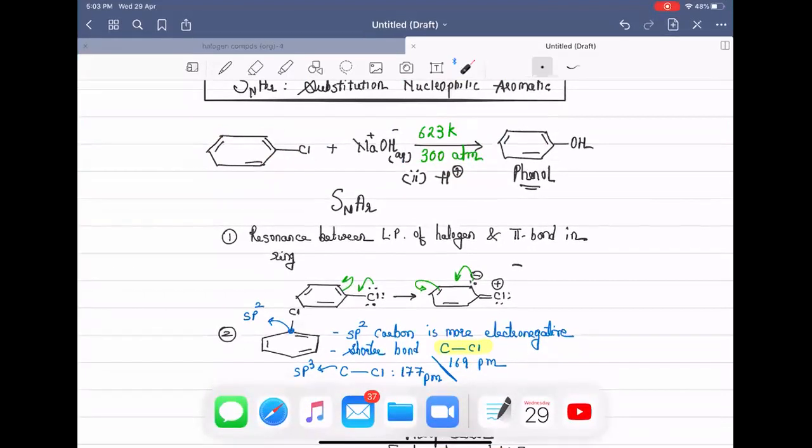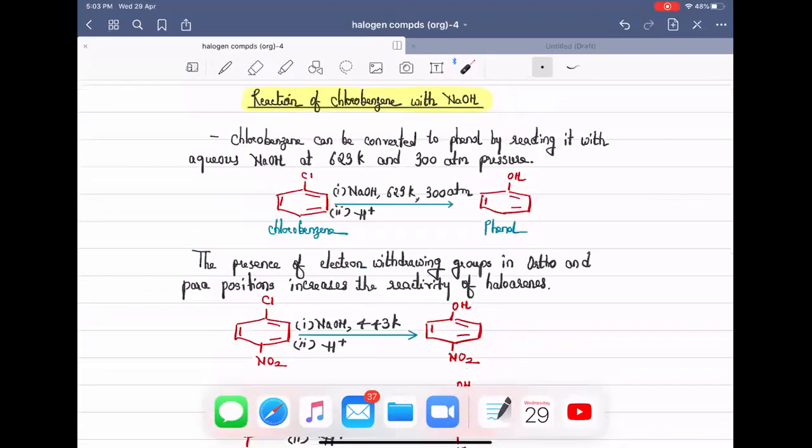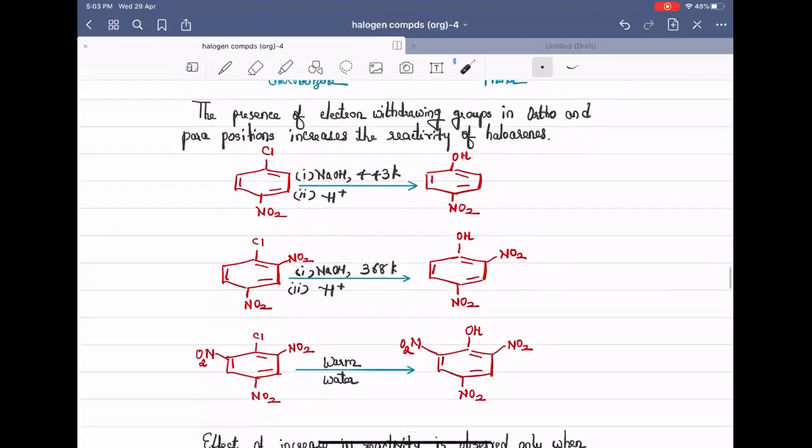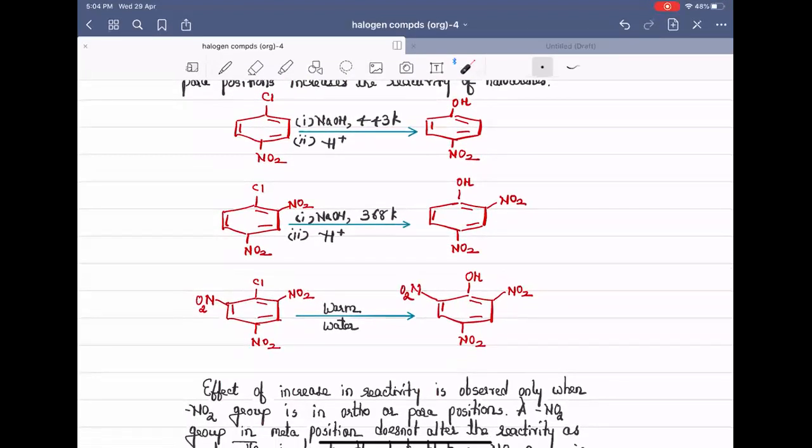Okay. So going back to this, you can see that I have placed one nitro group in para position, and look at the conditions now. Initially it was 623 kelvins, and now the temperature drops to 443 kelvins, and the reaction happens.